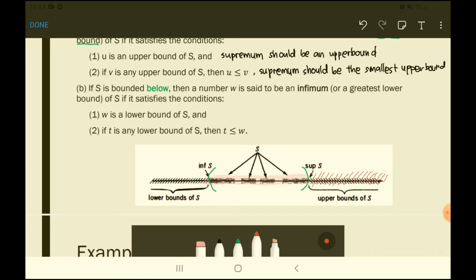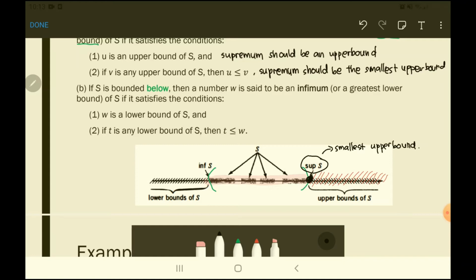That smallest value here is the supremum of S. See, it's the smallest upper bound.